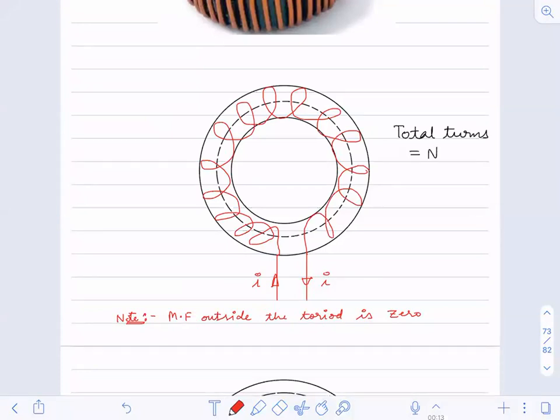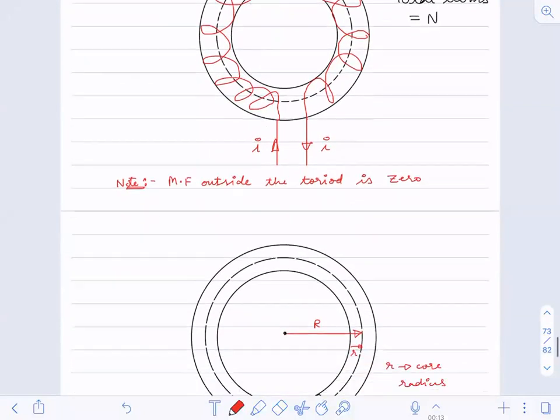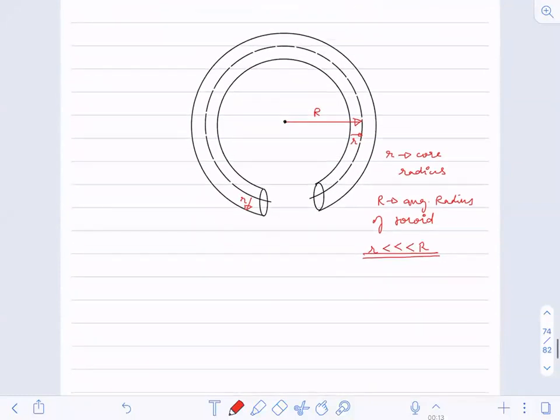Counting, 1, 2, 3, 4, 5, 6, 7, 8, 9, 10, 11, 12, 13, 14, like that. So capital N has a value 14 over here. Can you understand this point? Okay. Now we are going to apply Ampere's circuital law over here and find out the magnetic field.